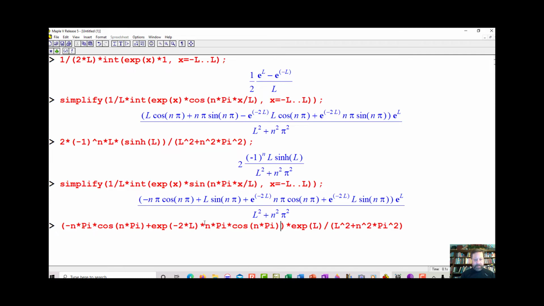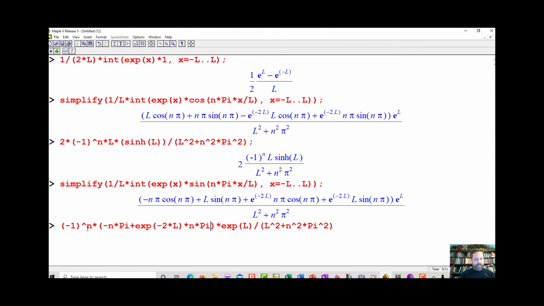We have a cosine n pi on both of the remaining terms. We know that that is -1 to the power n. So we'll put that here, getting rid of cosine n pi, cosine n pi.